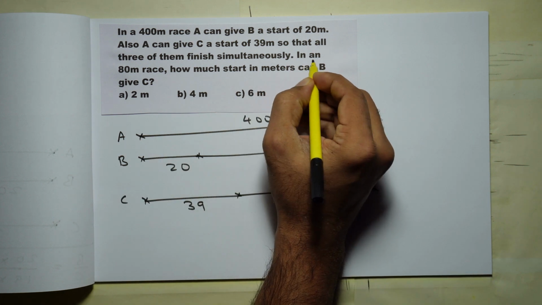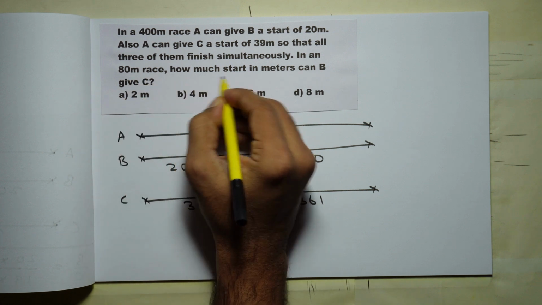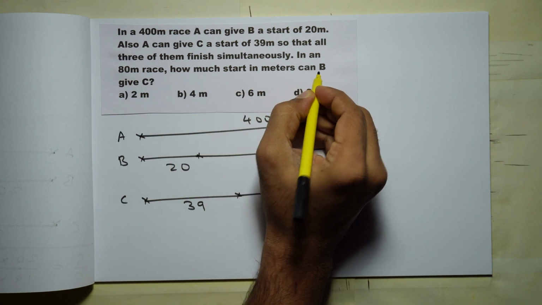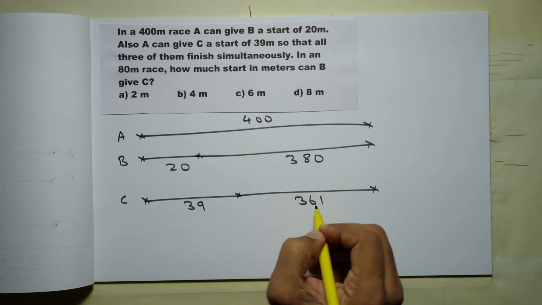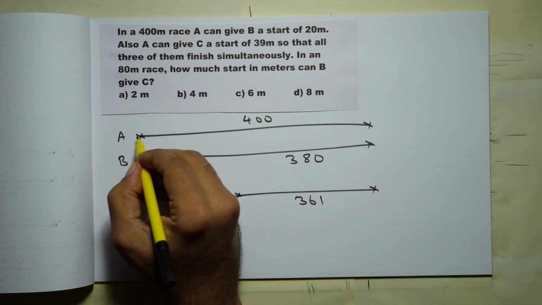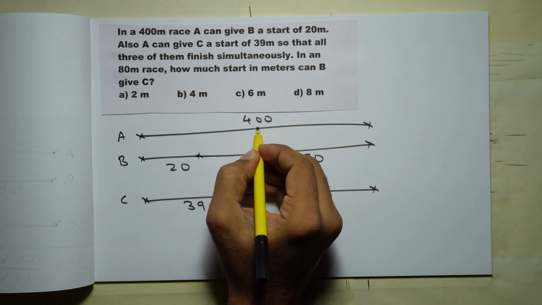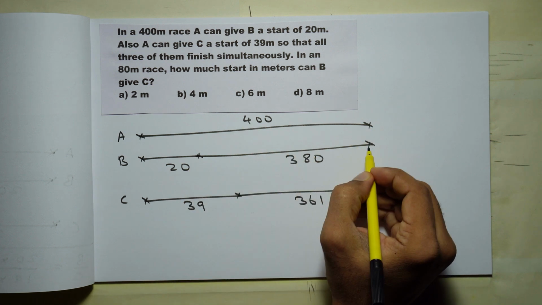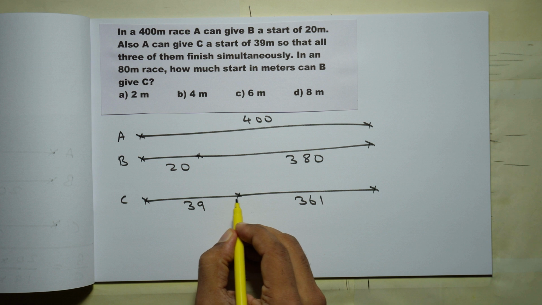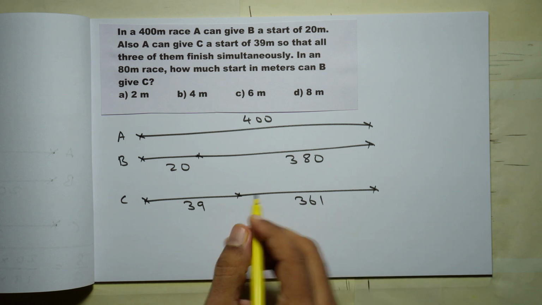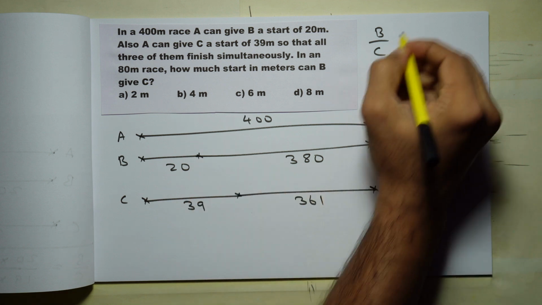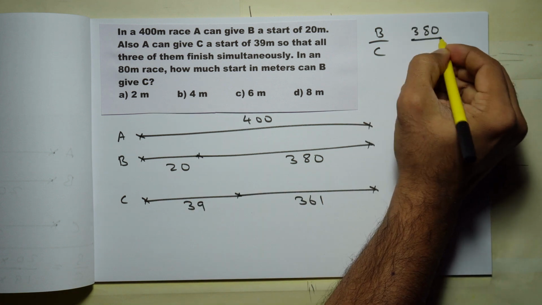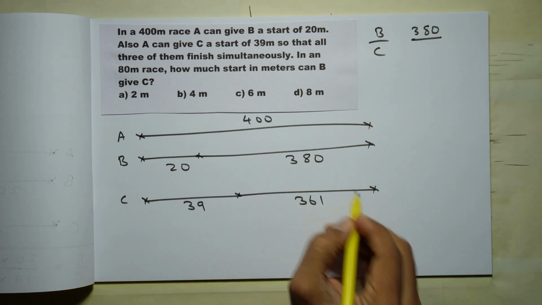Now the question is, in an 80-meter race, how much start in meters can B give C? So we'll compare the speeds of B and C. Now when A does this 400 meters, in that much time, B will do 380 and C will do 361. So in a fixed time, when B does this 380, in that much time C will do 361.